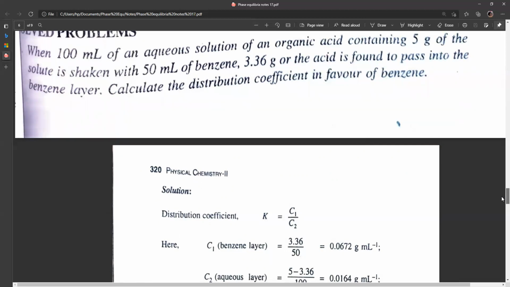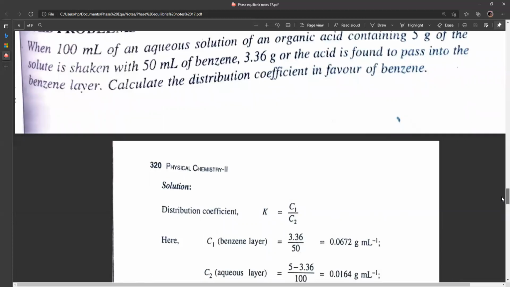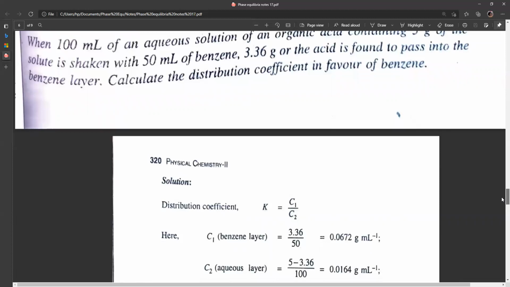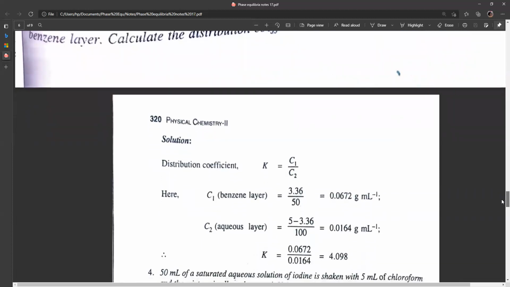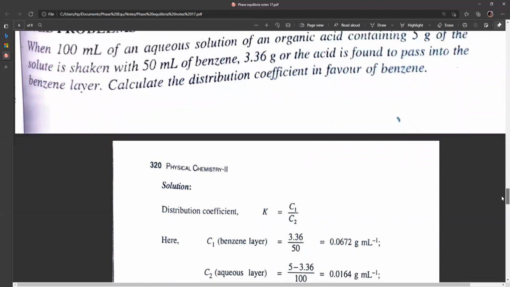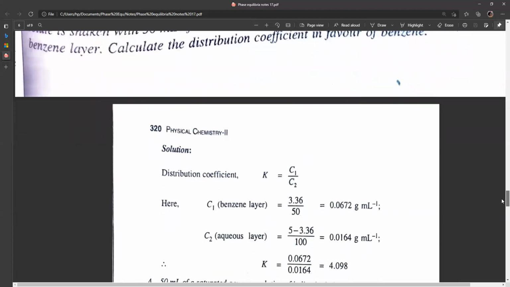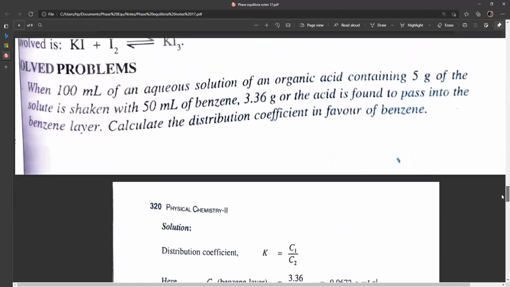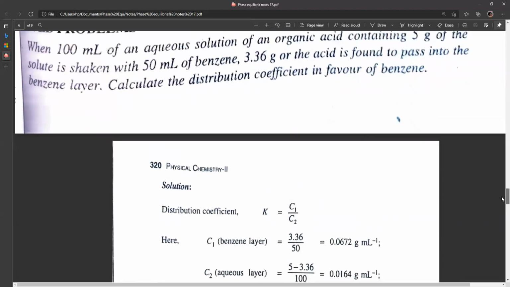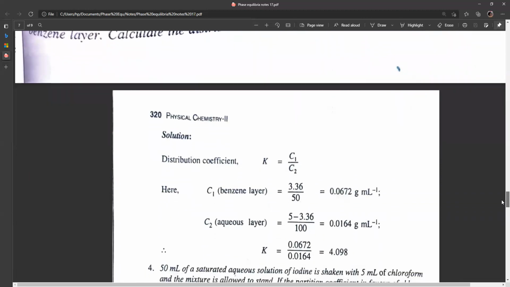So 3.36 divided by 50 ml, that is the concentration of acid in the benzene layer. C2 is the concentration in the aqueous layer, that will be equal to the total organic acid taken, which is 5 grams. So 5 minus 3.36 by total volume, 100 ml of water.